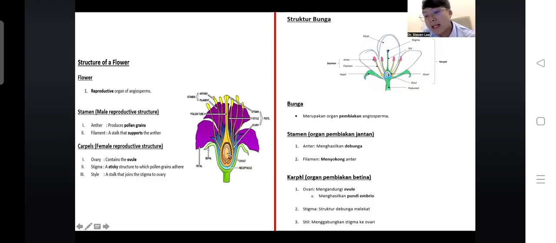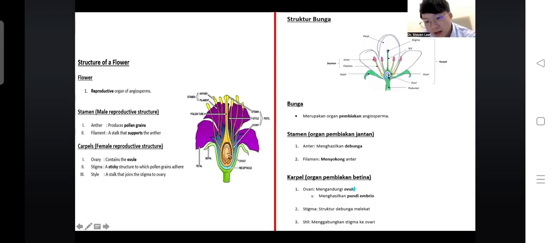Carpel basically is the organ pembiakan betina, which is this middle one. So dia ada tiga bahagian. One is called ovary, which is this part over here. So ovary dia mengandungi ovule. Sorry, in Bahasa Melayu, ovule shouldn't have an E. Sometimes they go and auto-correct my thing. Ovule. So you can see inside here there's something called ovule.